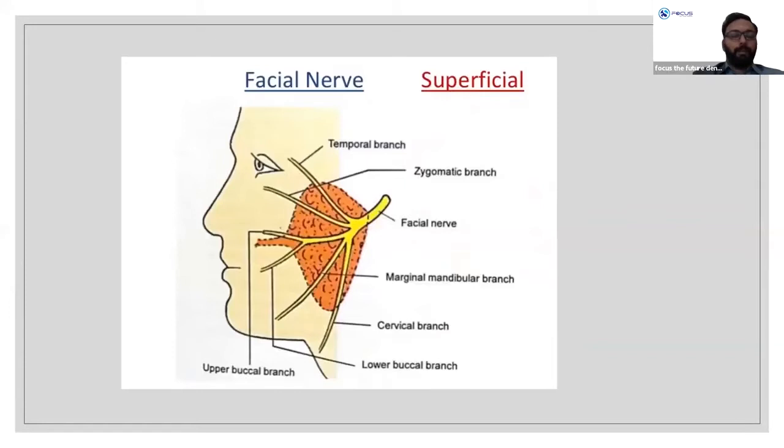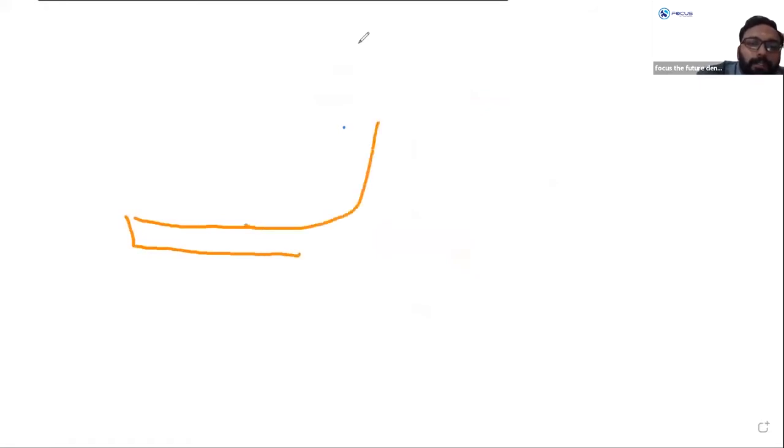Okay. So when I'm describing it, I would like you all to learn this particular diagram, this picture, which I'm going to draw for you. First thing I'm going to draw is the gland. So this will be your duct and this will be your gland.